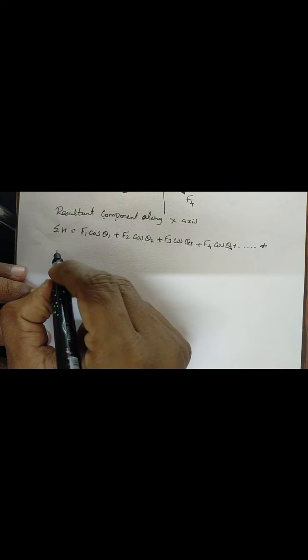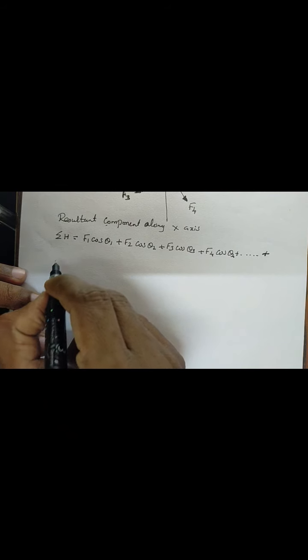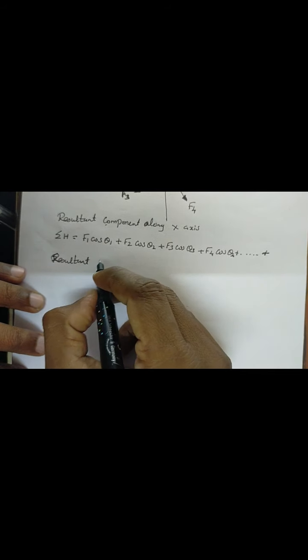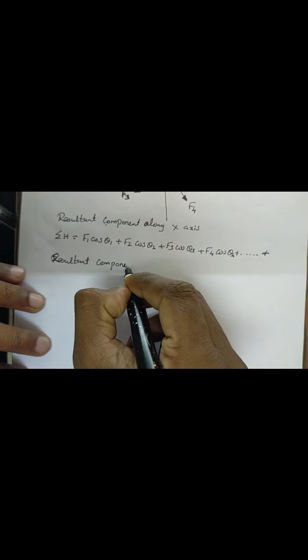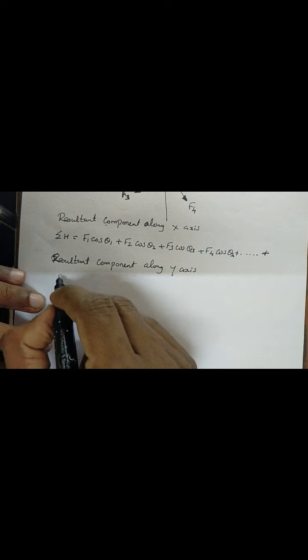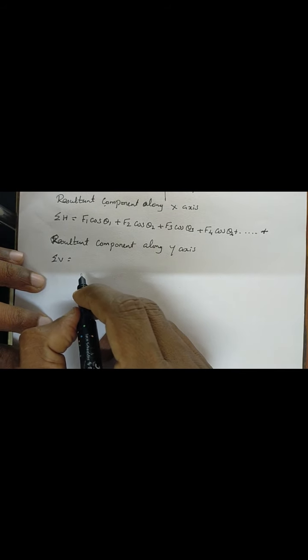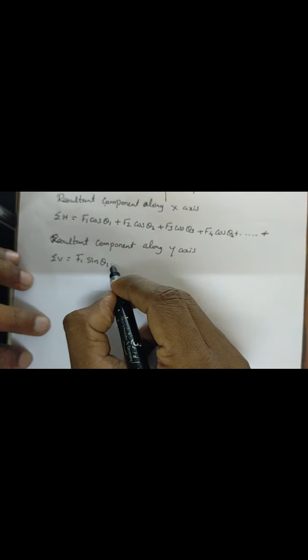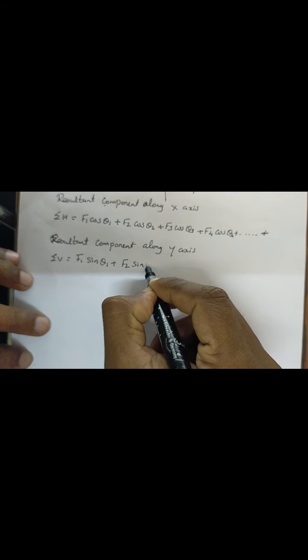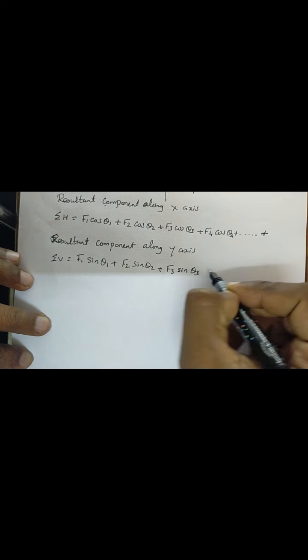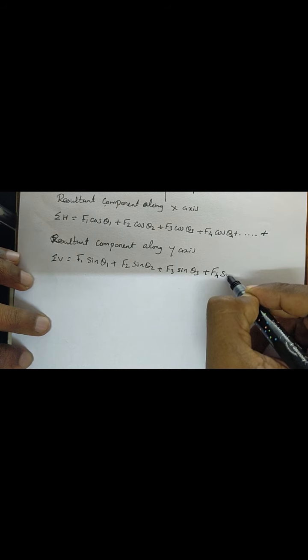Similarly, you can also find the resultant component along the y-axis, that is, summation of V equals F1 sin theta 1 plus F2 sin theta 2 plus F3 sin theta 3 plus F4 sin theta 4, plus etc., n numbers of forces.